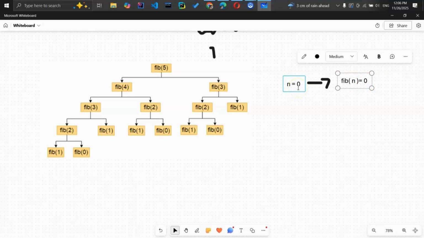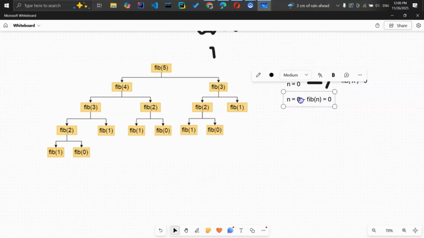If n is equal to 1, the Fibonacci value should be equal to 1, right?